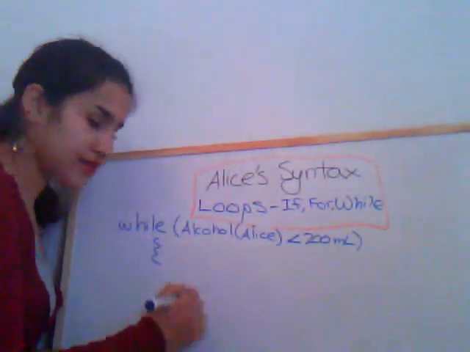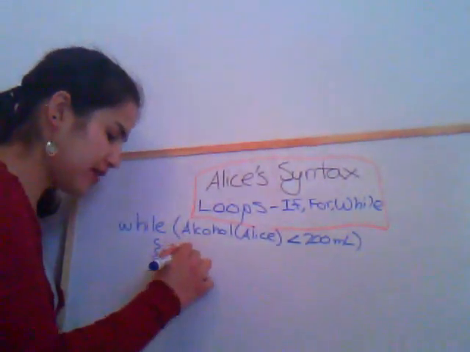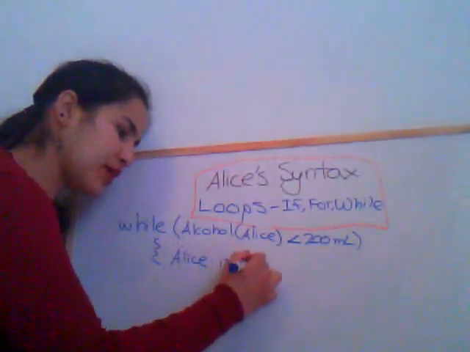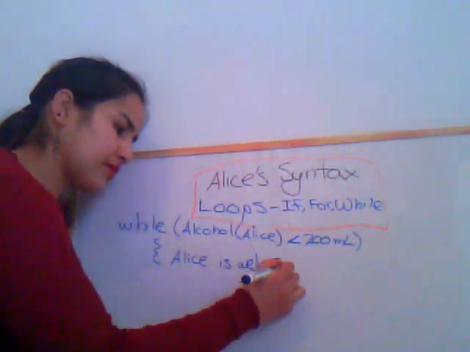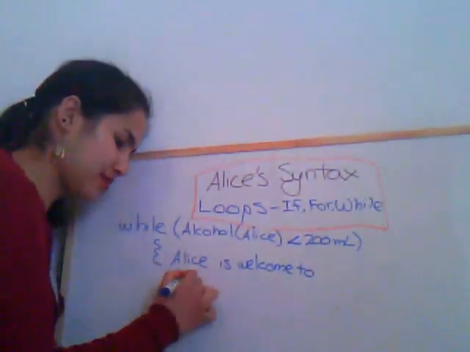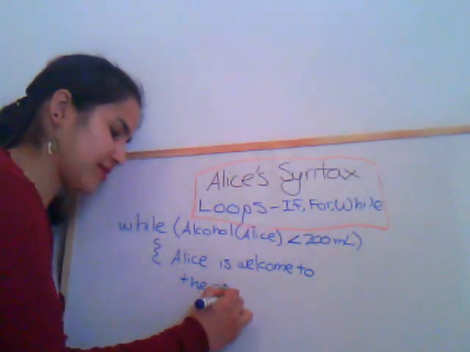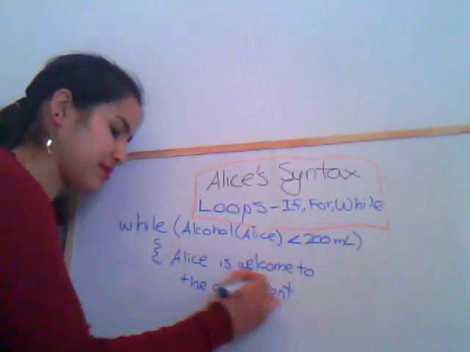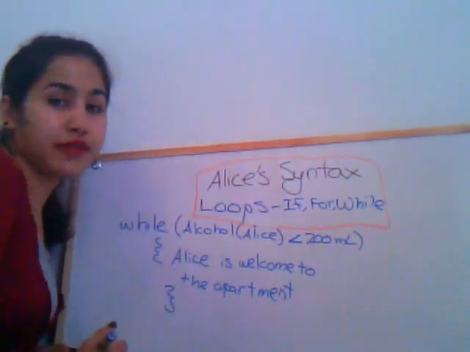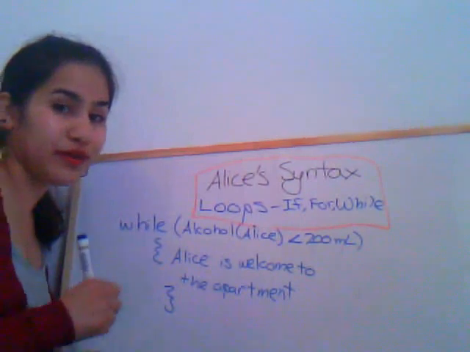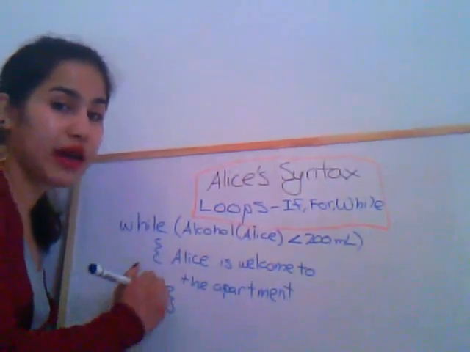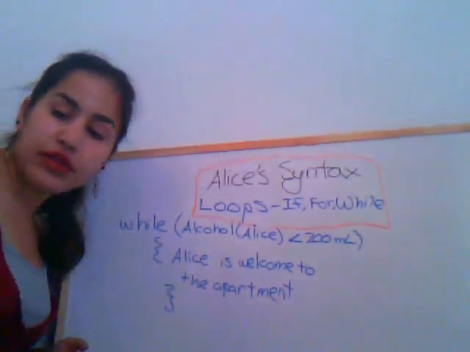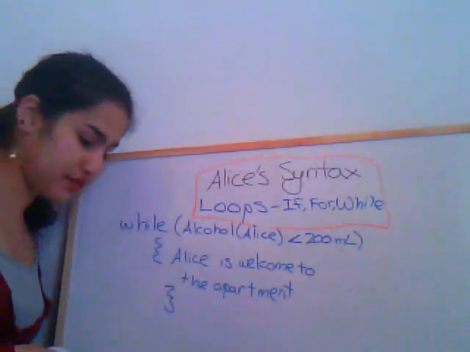Then Alice is welcome to the apartment. So we have this little while loop here, which tells us when something happens, we're allowed to do this. We can go over this as much as we want. Now let's do another while loop.